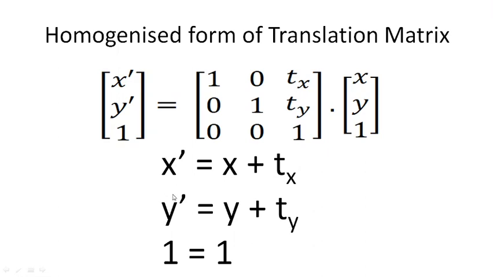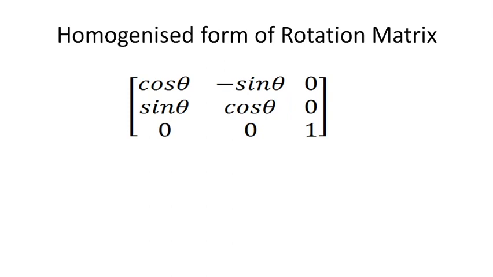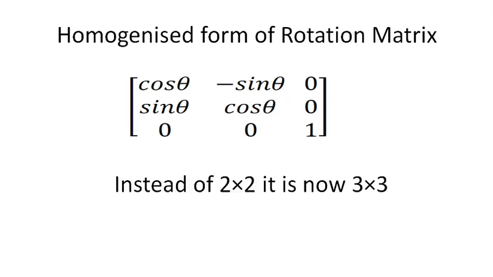So now let's move on to the homogenization of the rotation matrix. As you see, the rotation matrix earlier was this: cos theta, minus sin theta, and sin theta, cos theta. It will now be this. So instead of 2 by 2, it will now be 3 by 3.